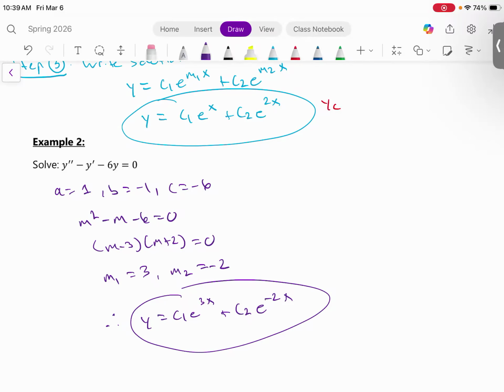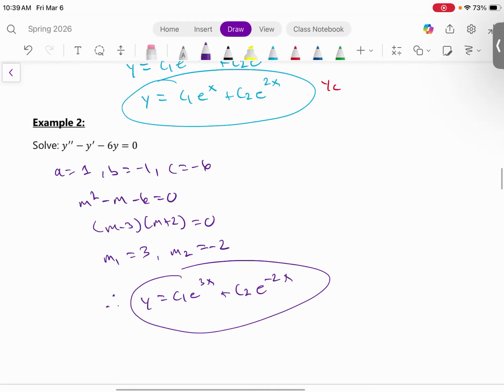So it becomes m squared minus m minus 6 equals 0. That factors into m minus 3 times m plus 2. And we get our distinct roots, 3 and -2. And we throw them into our solution. We get c1 e to 3x plus c2 e to negative 2x.